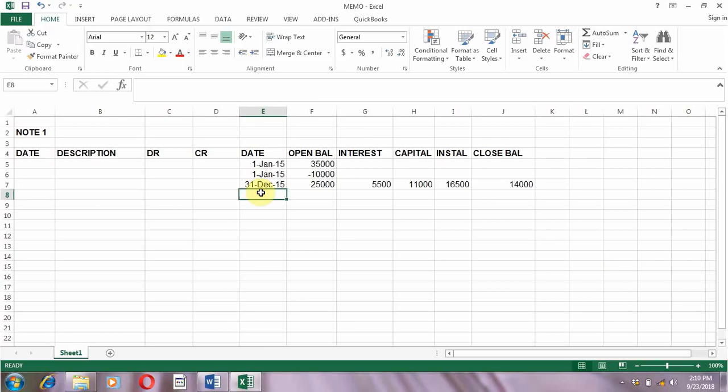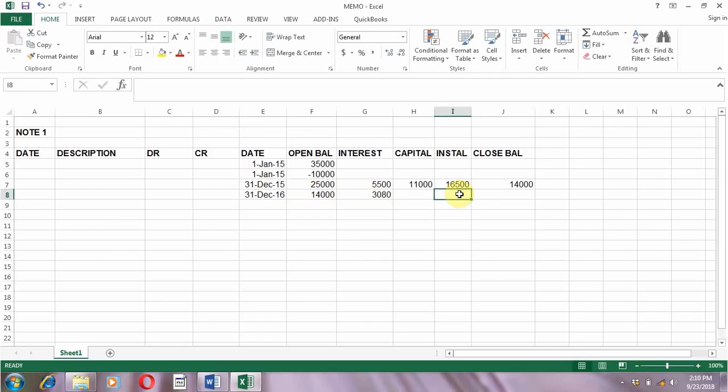The next year will be 31st December 2016, and there your opening balance will be equal to the previous closing balance, which was 14,000. You will have to calculate interest at 22%. Again, it was a full year, so you don't have to apportion for months, but if you wish to remind yourself, it will be 12 out of 12.